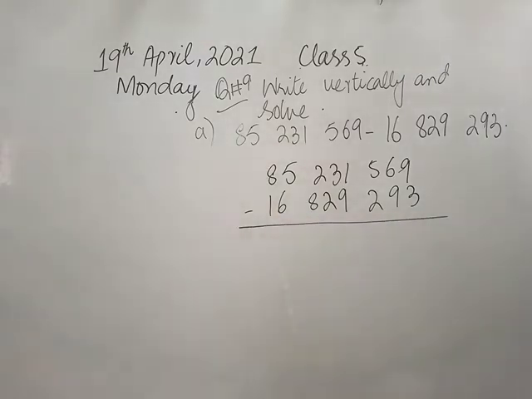Fine. My first number is 85 231 569, and my second number is 16 829 293. Now, as you know, whenever we have a subtraction or addition of numbers, we will always start from the right side.